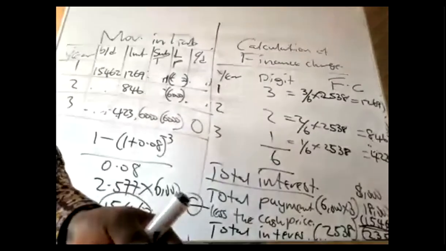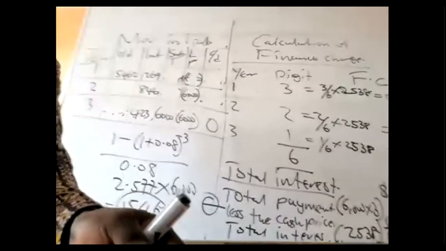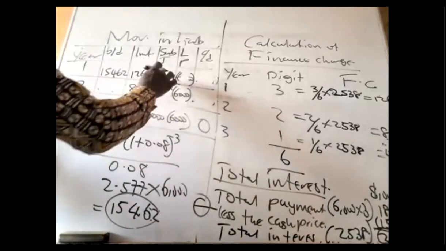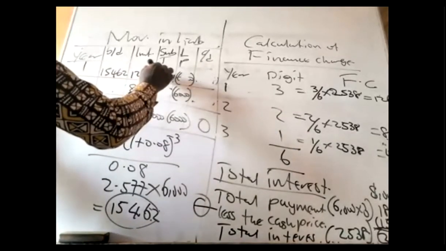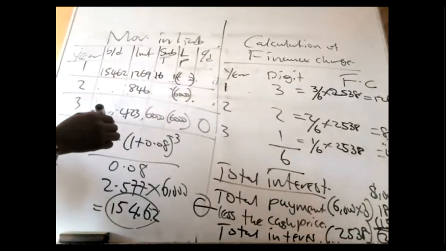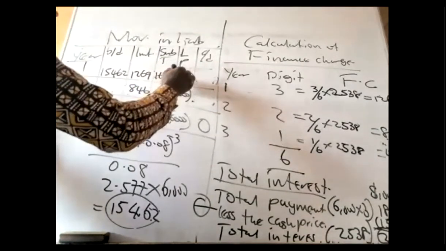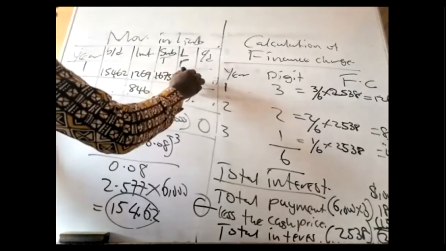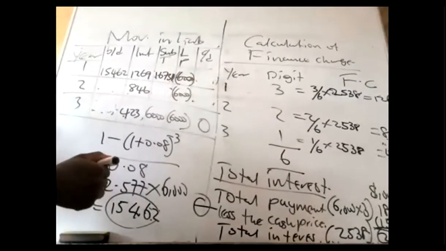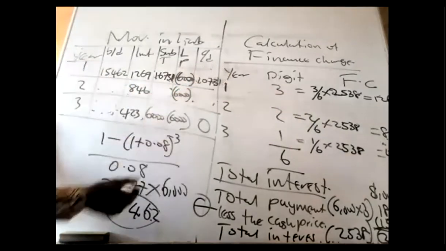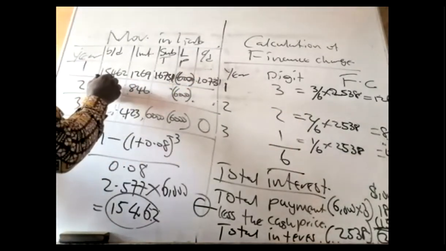So let's come here to our year's calculation. 16,731. Then we take 6,000 from it. Taking 6,000 from it, I'll get 10,731. Push it here, 10,731.